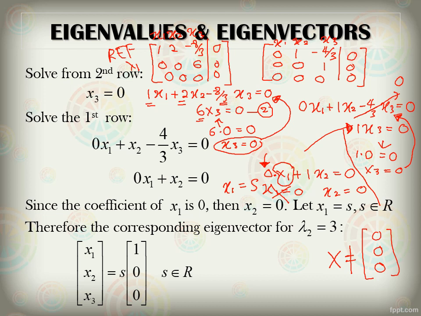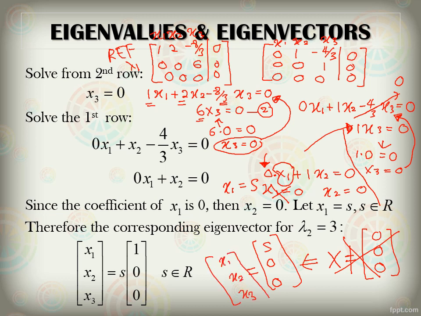When you do that, we won't get the 0 solution, but instead we will have x1 equal to s, x2 0, x3 0. This is the solution for x1, x2, x3. So you can factorize it to be like that.